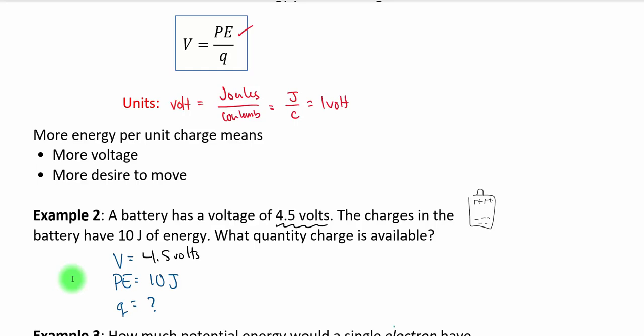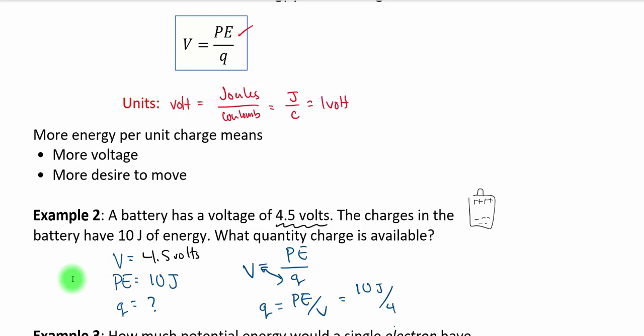So in this case, we can write out the equation. Voltage, or electric potential, equals potential energy per unit charge. We want to know what Q is, so we can multiply the Q up and divide by the V and get the equation Q equals PE over V. So we take that potential energy of 10 joules and divide it by the 4.5 volts and we get a number.